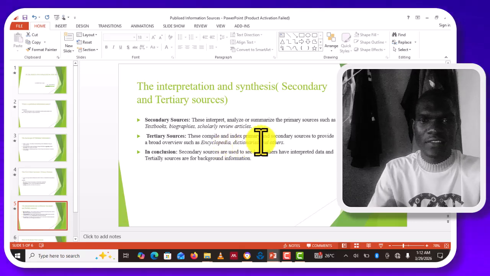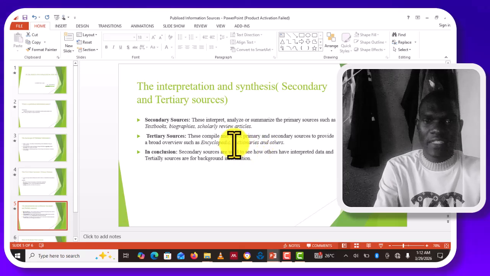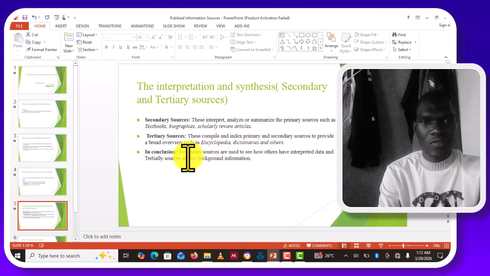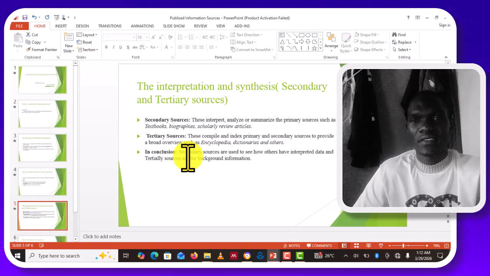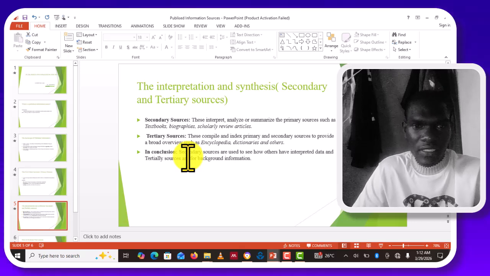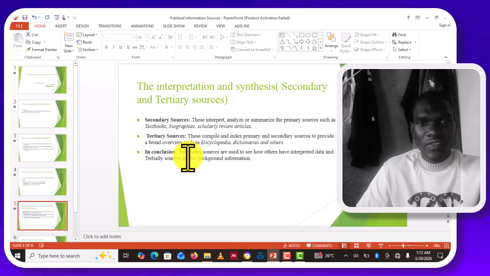Excuse me for that. This word is encyclopedia. In conclusion, secondary sources are used to see how others have interpreted data, and tertiary sources are for background information.